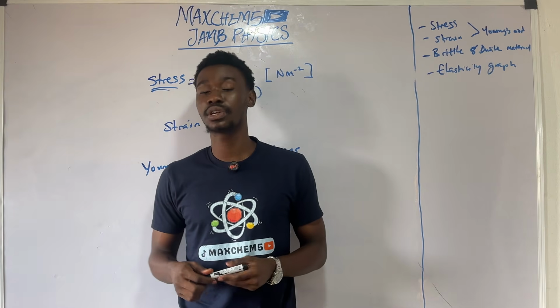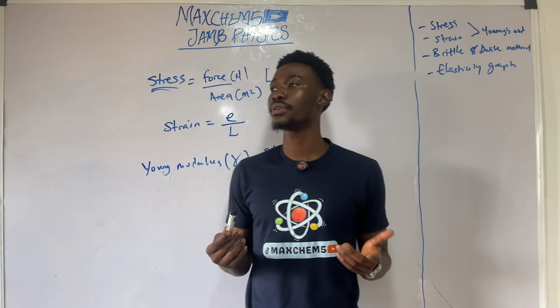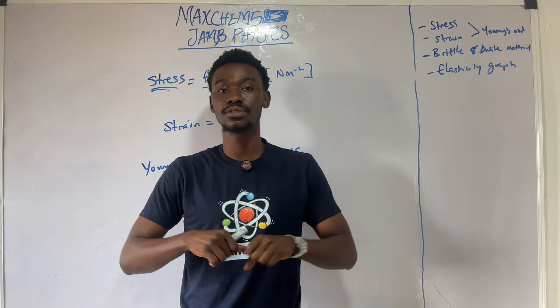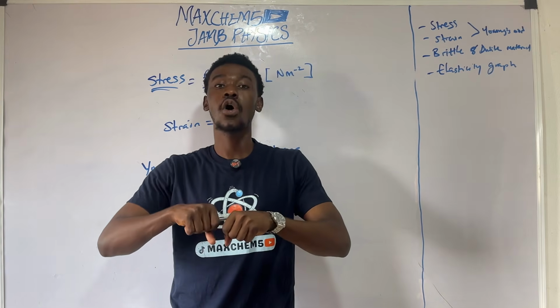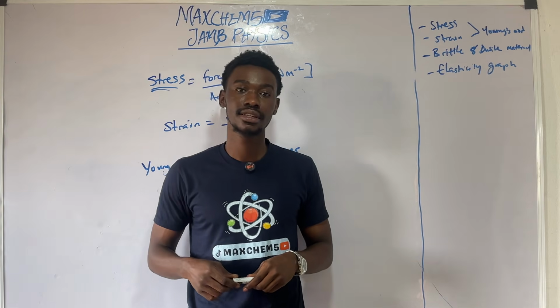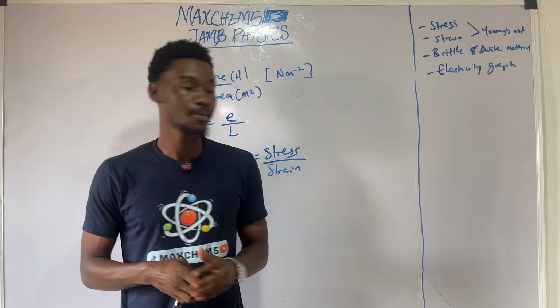Another type of material we call a ductile material. A ductile material is a material that can still withstand force after passing its elastic limit. Such materials can be easily drawn into wires.